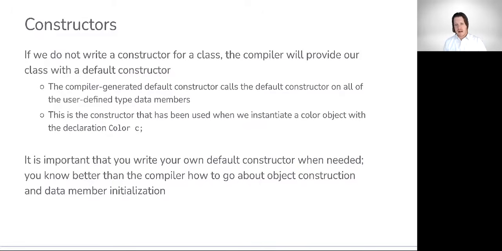The constructor that has been used when we instantiate a color object with the declaration color C would have been this compiler-generated default constructor for us. It is important that we write our own default constructors when needed, because we are going to know better than the compiler how objects of our type should be constructed and how its data members should actually be initialized.